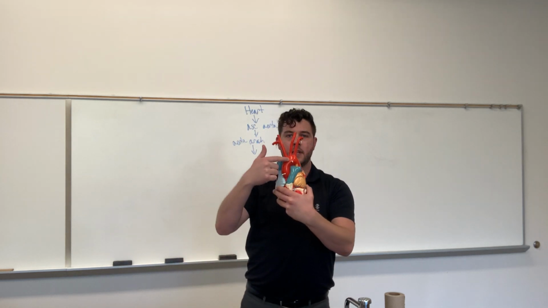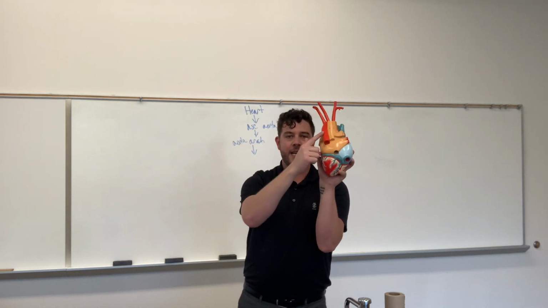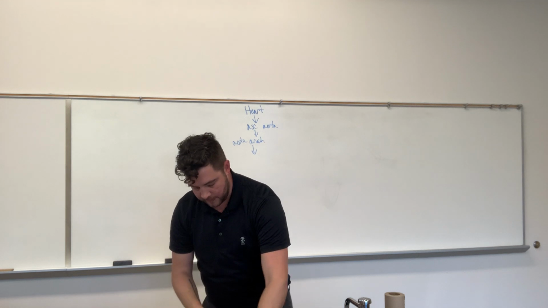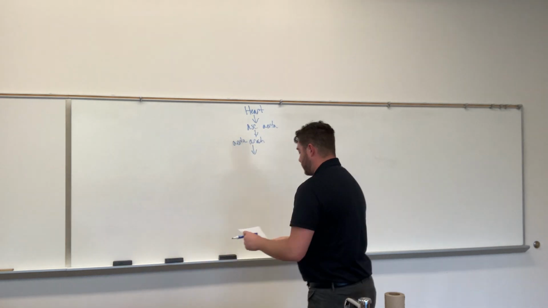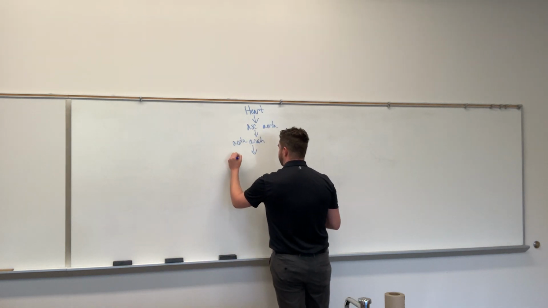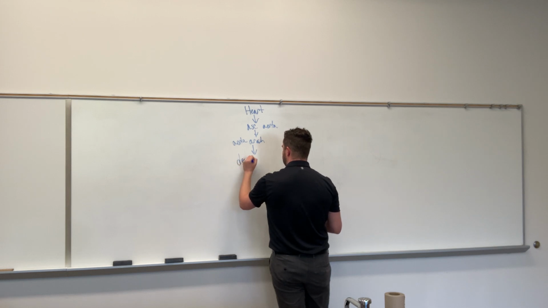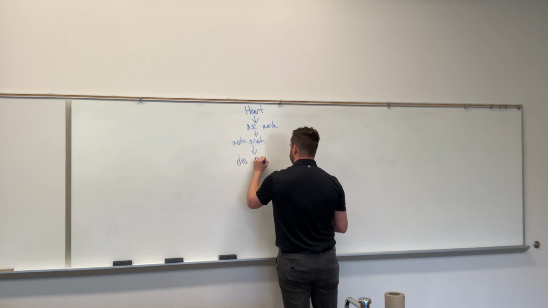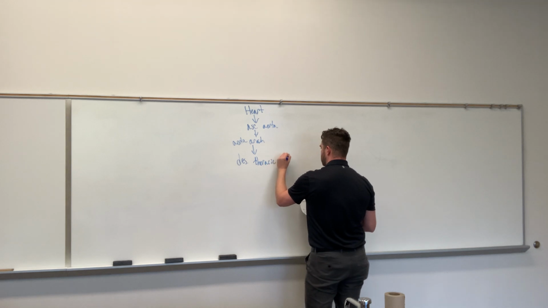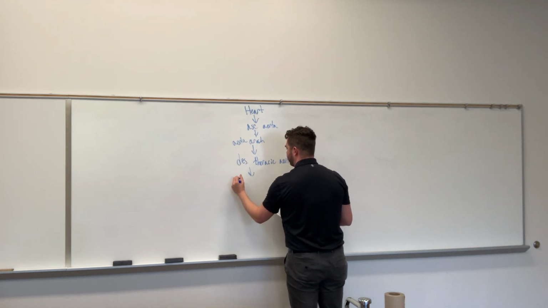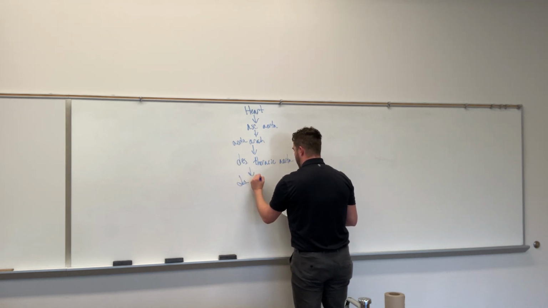So we come around the arch and then down the descending aorta. You can split this into different sections. You have your descending thoracic aorta, and then after it crosses the diaphragm, it becomes your descending abdominal aorta.